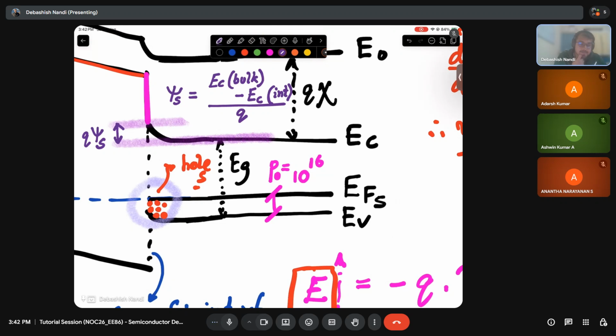Okay. This region we call bulk and this part is called interface.